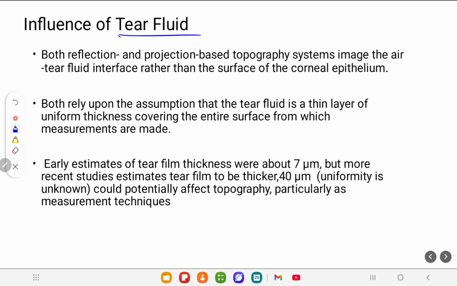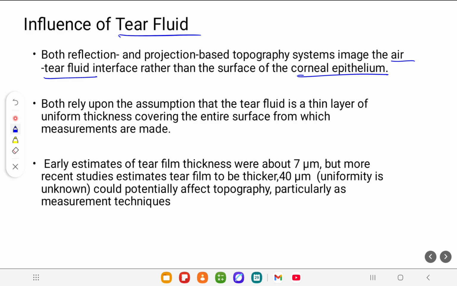Okay, both reflection and projection based topographic systems image on the air-tear fluid interface rather than the surface of the corneal epithelium. So no matter what, the tear-air influence is the main one. But yes, we know that tear fluid does not have much shape of its own. That's why it will take the shape of the cornea.